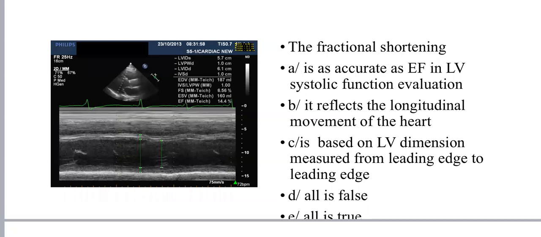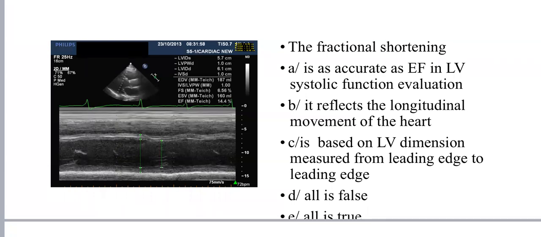The twisting means the base moves in counterclockwise and the apex in clockwise rotation during systole, and vice versa during diastole. Can you appreciate that visually in 2D? No. Longitudinal? No. Circumferential? No. Only radial. So the only visual assessment of the cardiac excursion or movement is the radial one.